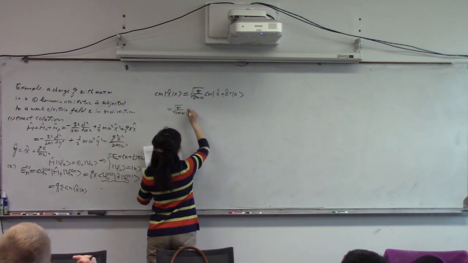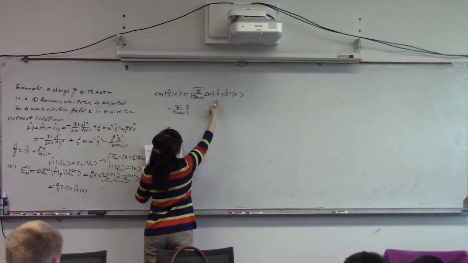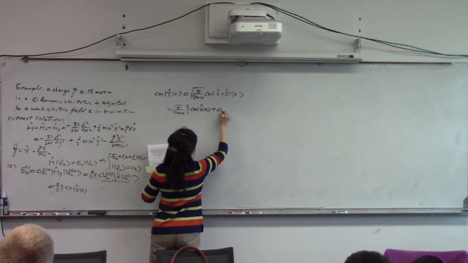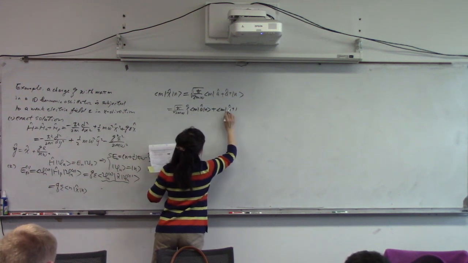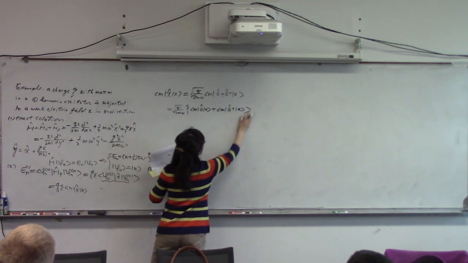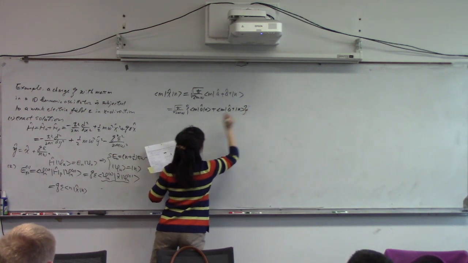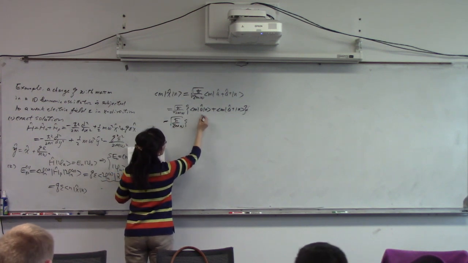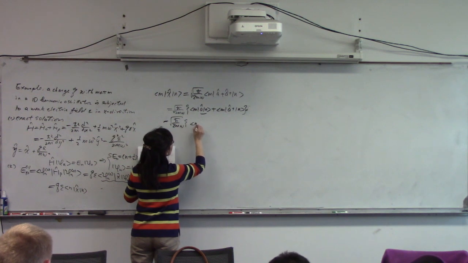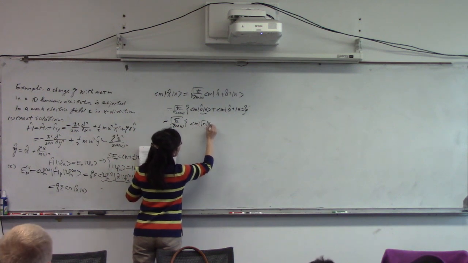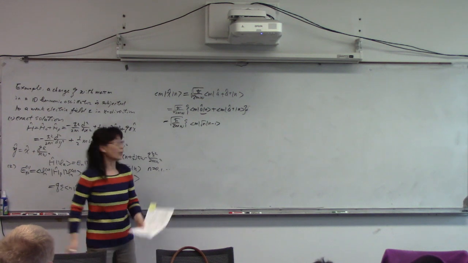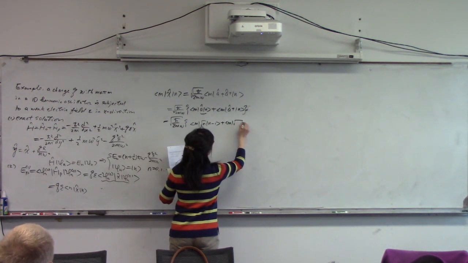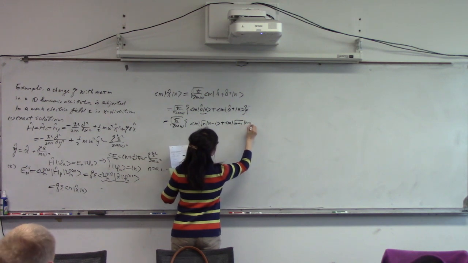So the one here gives square root n minus 1 for the lowering, and this is the raising, that is square root n plus 1, n plus 1.